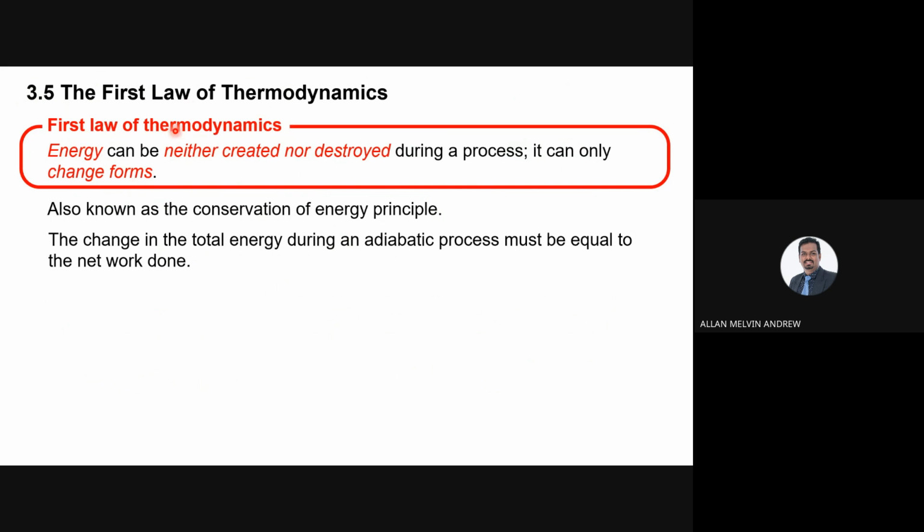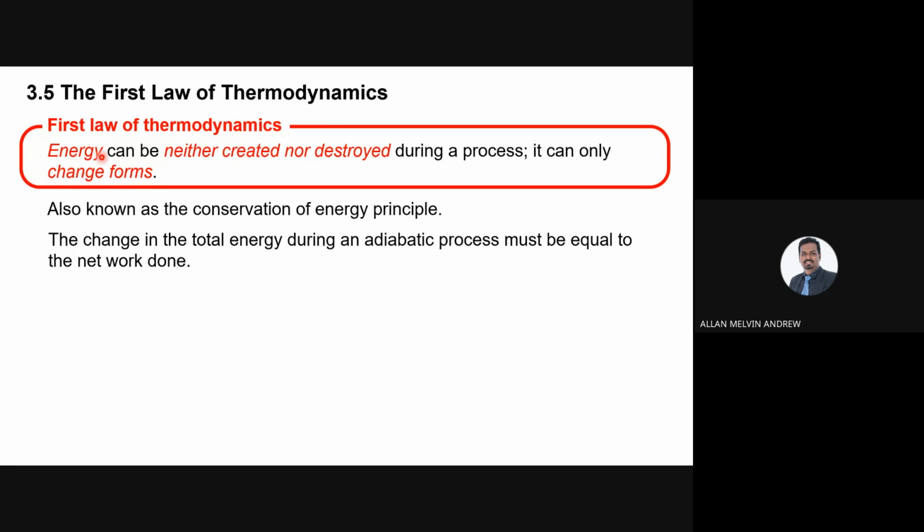If in the exam I ask you to explain the first law of thermodynamics, give a proper explanation with examples and everything, then you can get more marks. Don't just answer with only one line. If the question is 5 marks, you will only get 1 mark, and the other 4 marks I cannot give you because you didn't explain further.